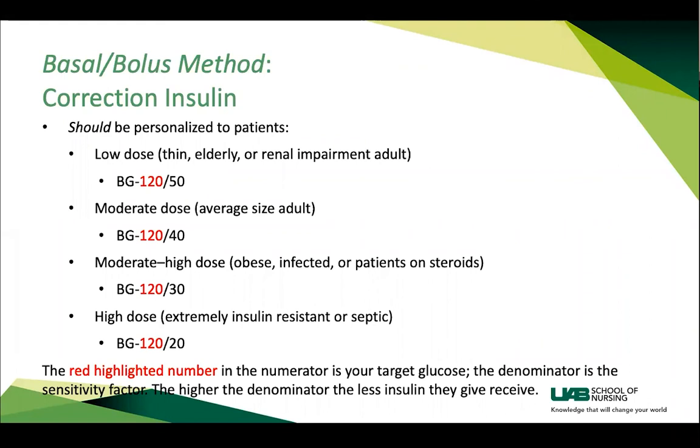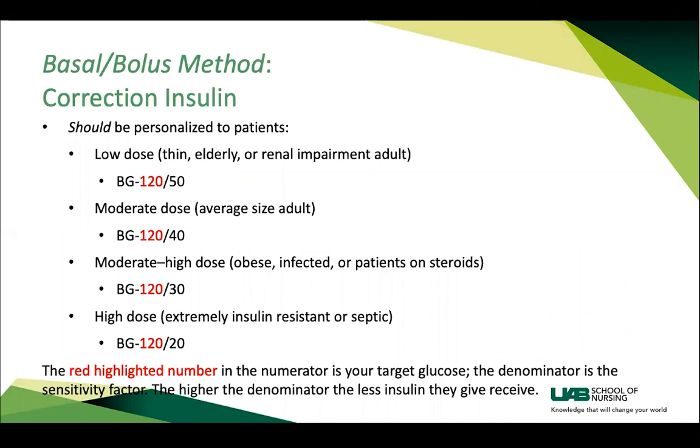Now, again, looking at each individual algorithm, let's pick it apart a bit. We have BG, which stands for blood glucose, right? We have the current blood glucose minus the target glucose for a patient divided by a denominator, a number on the bottom, right? So we have to determine for our patients what that target blood sugar might be.